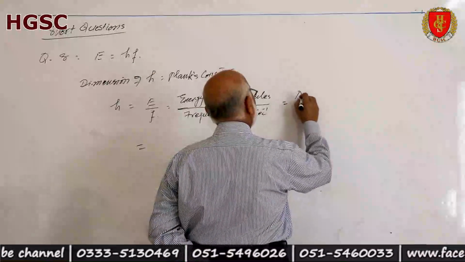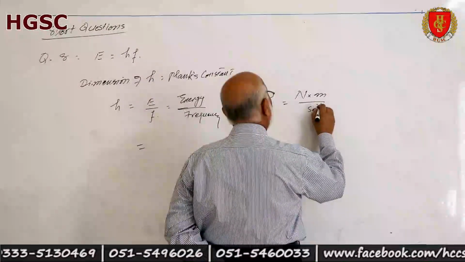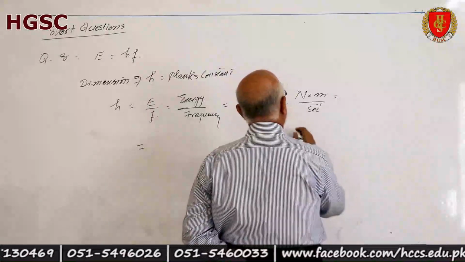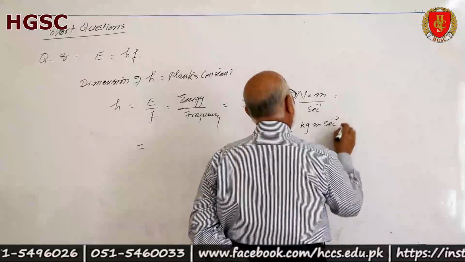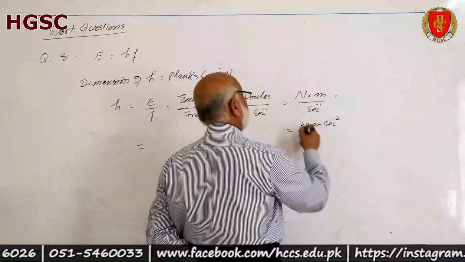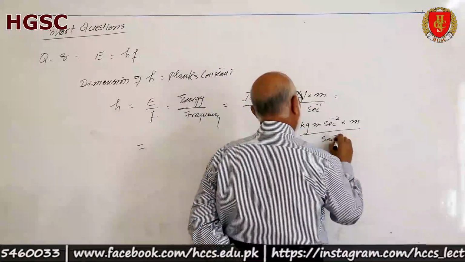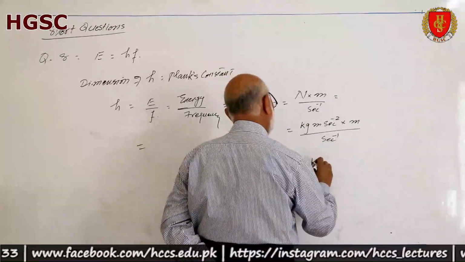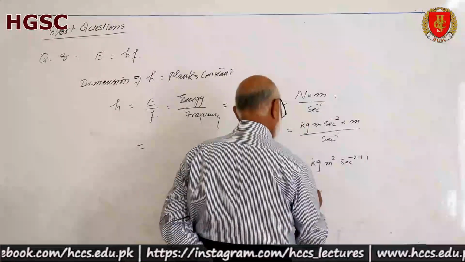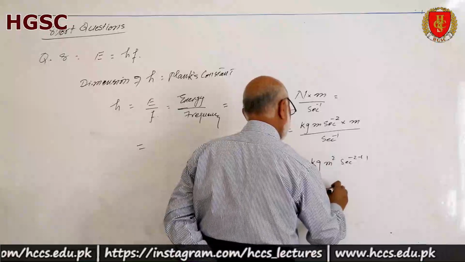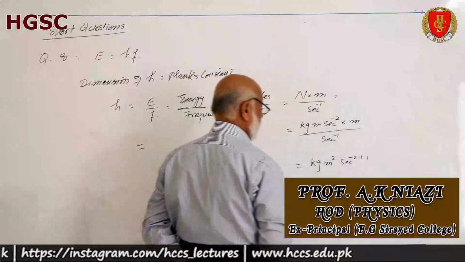Joule is Newton into meter, so the base unit is kilogram meter per second squared into meter over second, which is kilogram meter squared second minus 1.